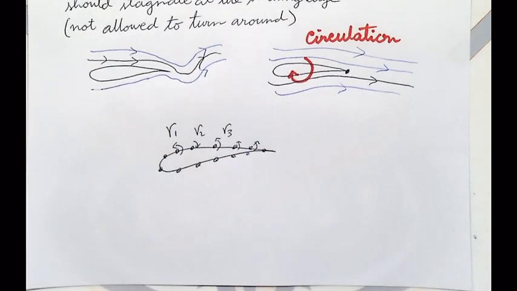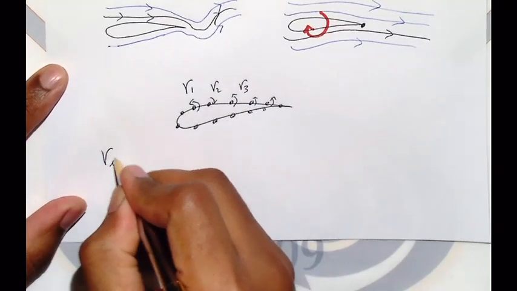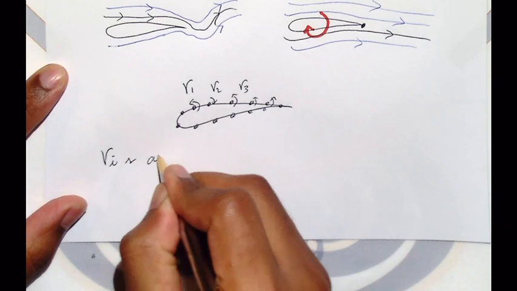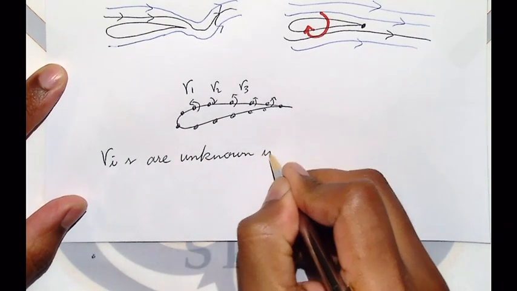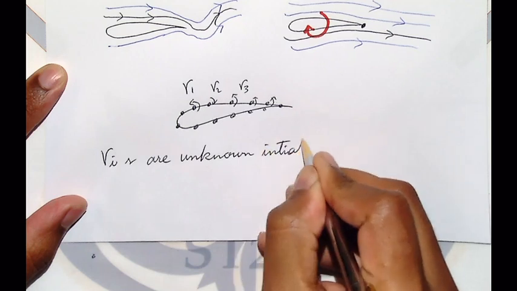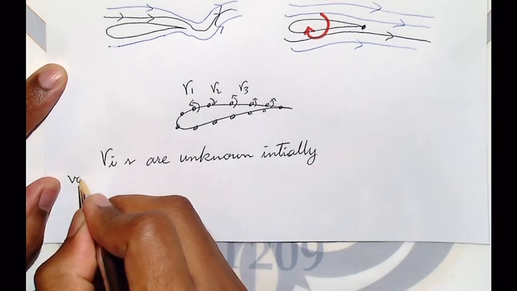Okay. And so all the gammas, the gamma i's, are unknown initially. And gamma is the vortex, right?